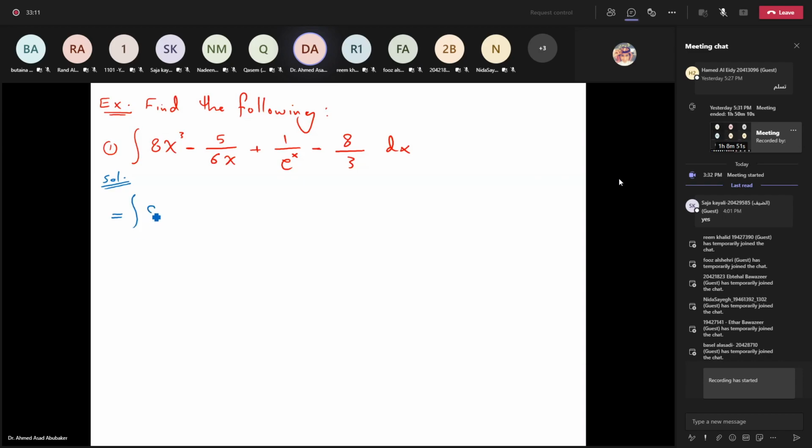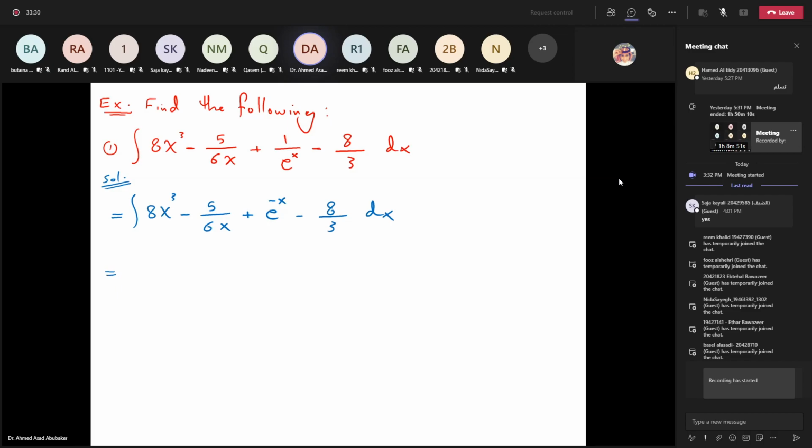Before that, we have some preparing in the e to the power x in denominators. We put it in numerators by changing the sign of the exponent. Okay, and 8 over 3, this is constant.